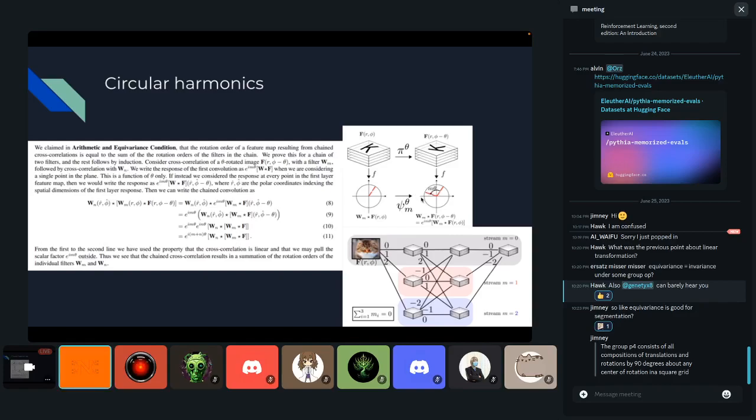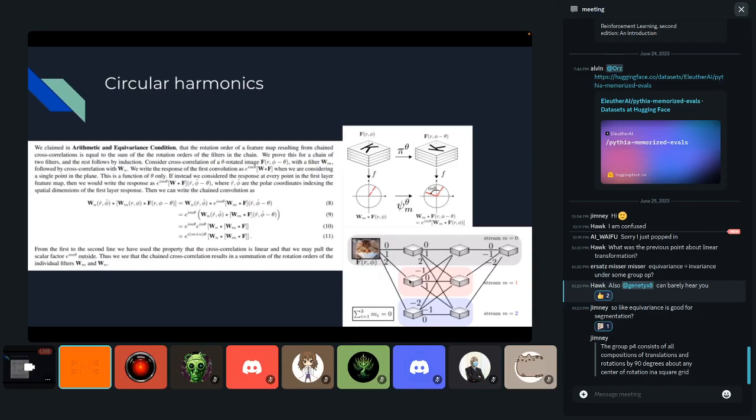And if you take the convolution of the original image with an order 2 circular harmonic, you will get a feature that rotates at a frequency half that of an order 1 feature.